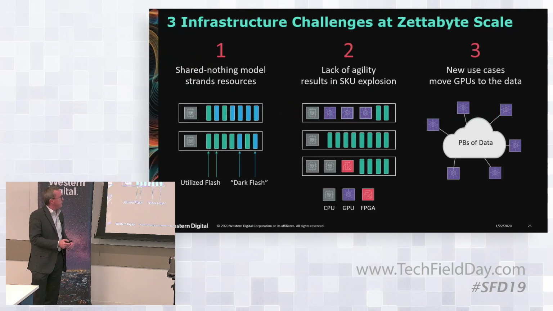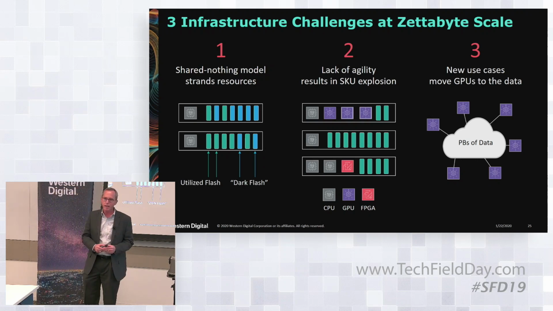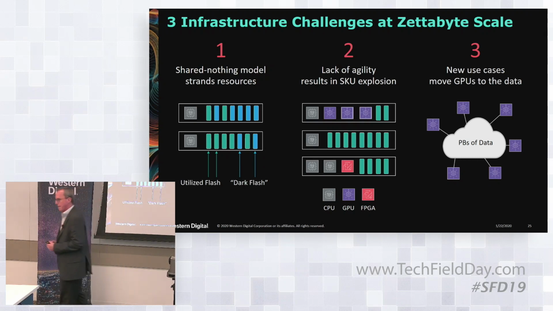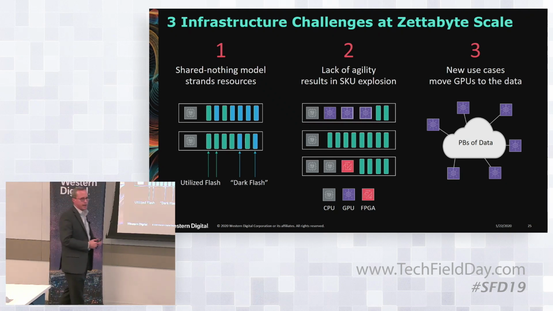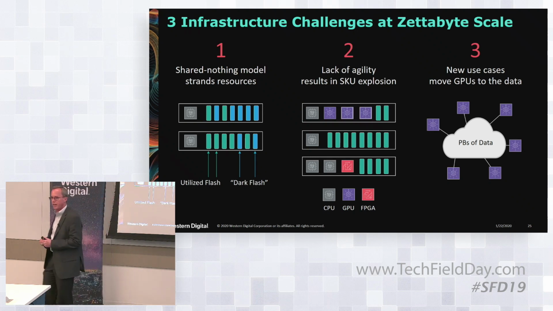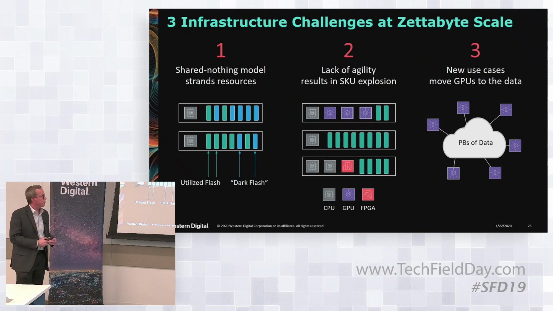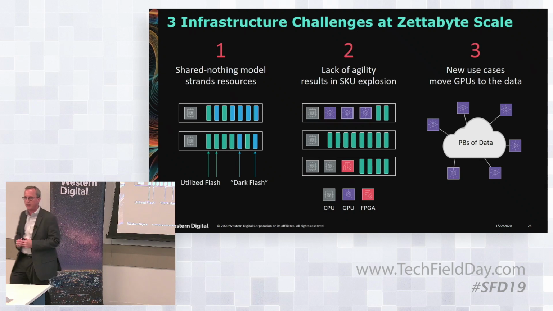In any case, let's first step back and talk about the challenges that we're trying to overcome when we talk about zettabyte infrastructure or zettabyte data and the next generation data infrastructure. You could really put them into three different categories. One, as was talked about earlier from a device level, is utilization and TCO.